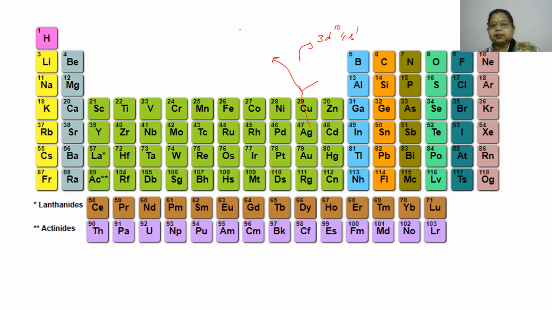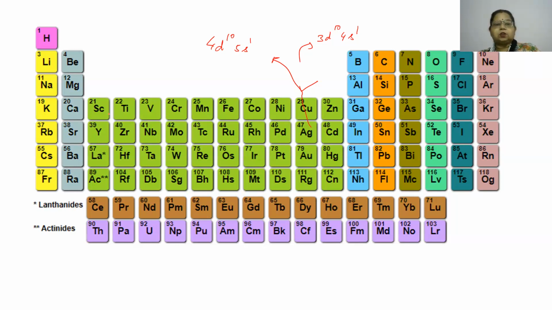It will be 4d10 5s1, because in the periodic table we are moving to the next period. Similarly, for Au, that is gold, it will be 5d10 6s1. So, if you are clear about the exception of copper, be ready to have a question on writing the configuration of copper as well as silver or gold, right?